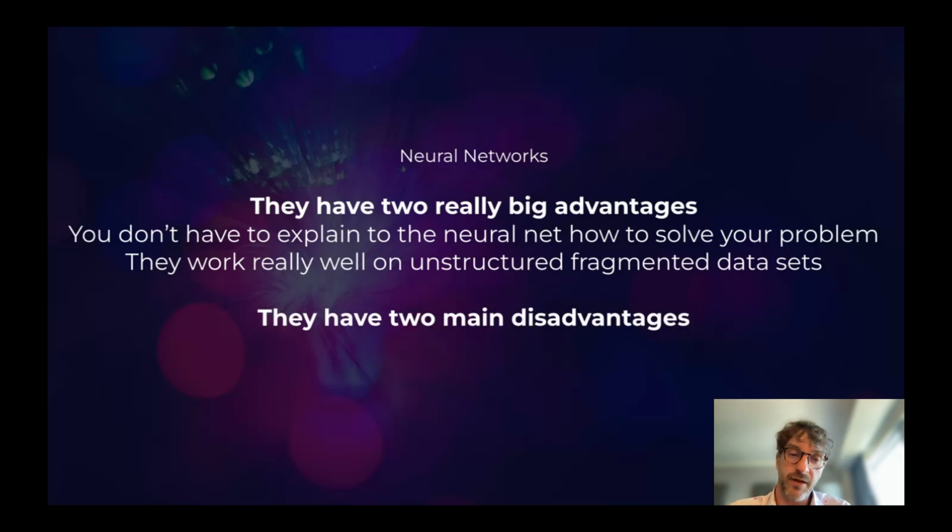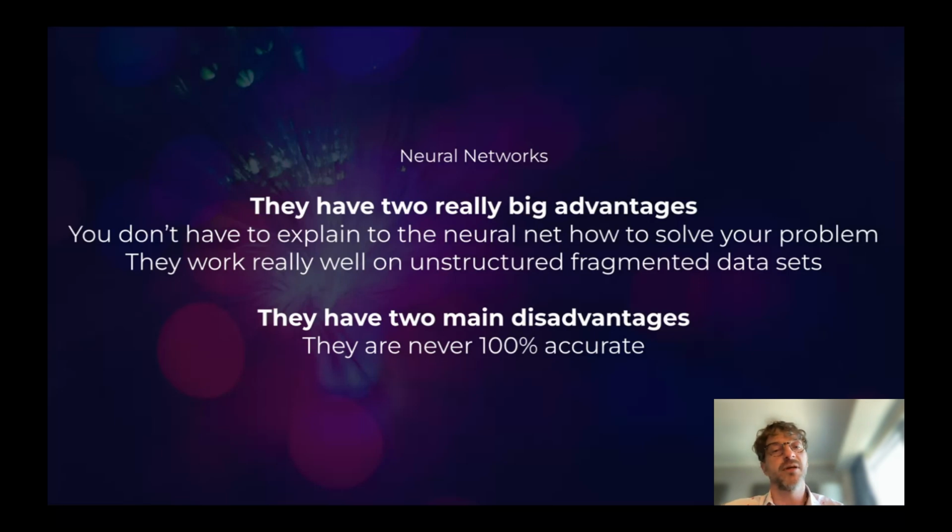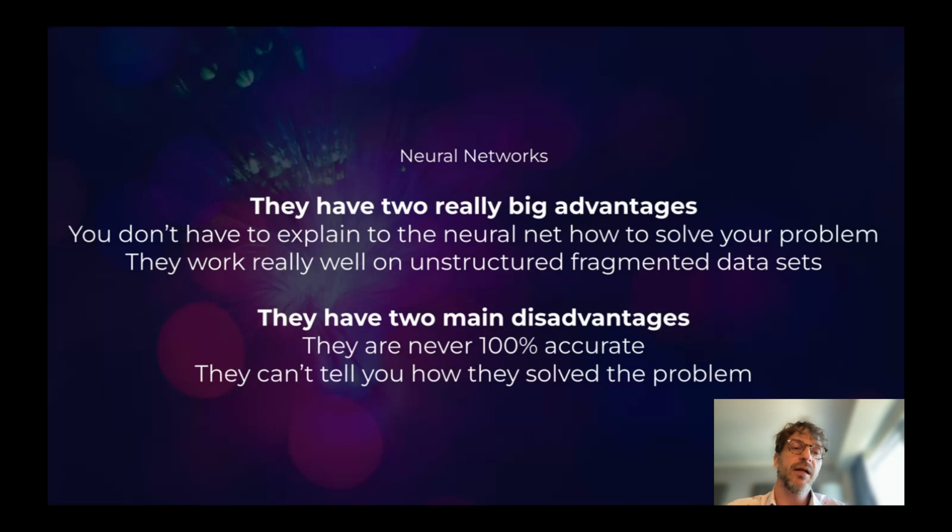They have two really big disadvantages. They're never 100% accurate. As you know, they hallucinate. And they can't tell you how they solved the problem. It's a really interesting piece of the puzzle. You can't ask a neural net if it wrote the poem, or why it wrote the poem that it did, or why it answered what it answered.